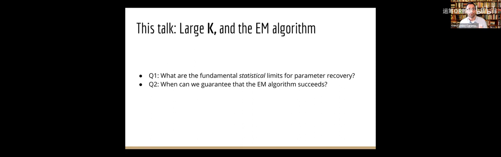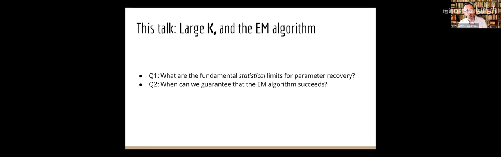So if I have a mixture of K Gaussians, how many samples do I need before I can approximate the parameters that define their means? And similarly, on the statistical rate, what is the minimax statistical rate there?